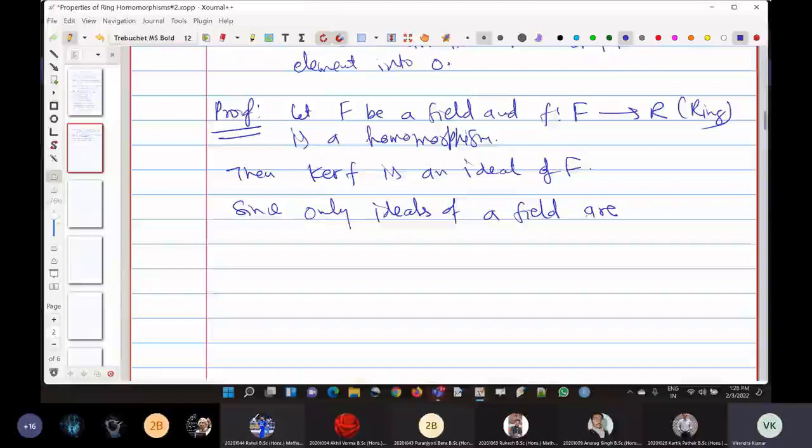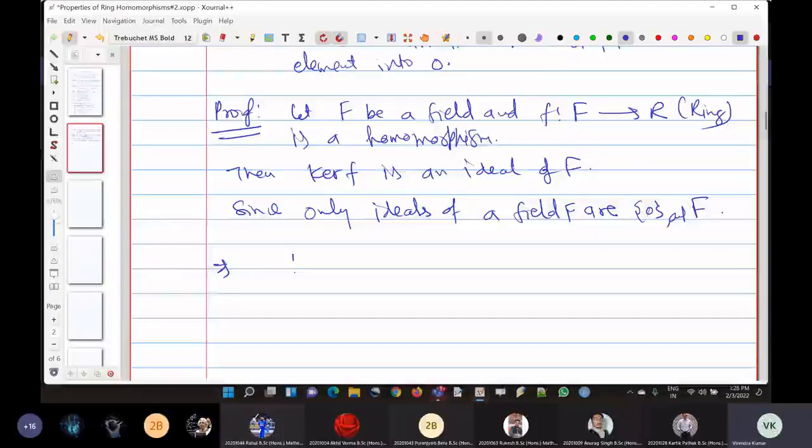We have seen that in the case of a field, there are only two possibilities for an ideal: either it is the singleton 0 or it is F. So there are only two ideals, singleton 0 and F. Fine.